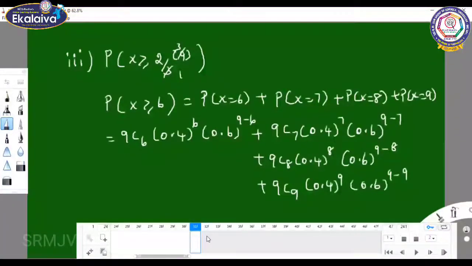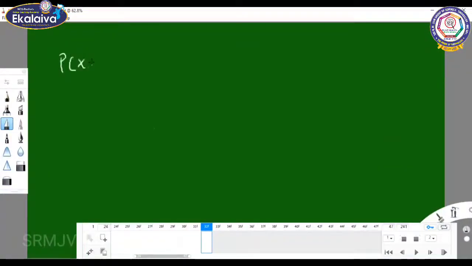So now we move on to find the value of P of x greater than or equal to 6. What is the meaning of greater than or equal to? At least. If it is at most, you can write less than or equal to.